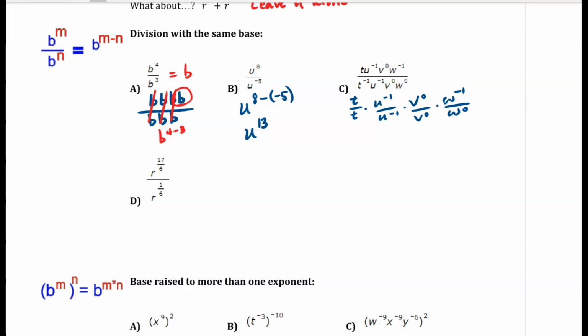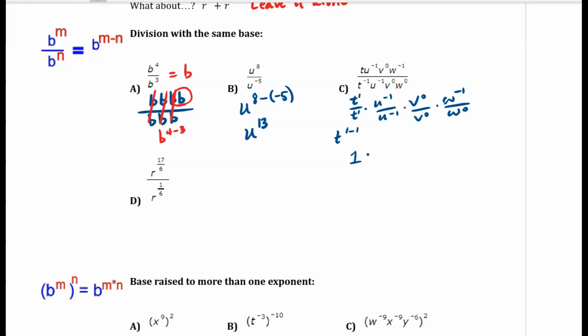However, we're looking at the division rule when we have the same base, so I'm going to use that rule instead. If I have t to the first power over t to the first power and I subtract the exponents, I get t to the 1 minus 1. 1 minus 1 is 0, and t to the 0 power is going to be 1. We're assuming here that none of these bases are equal to 0.